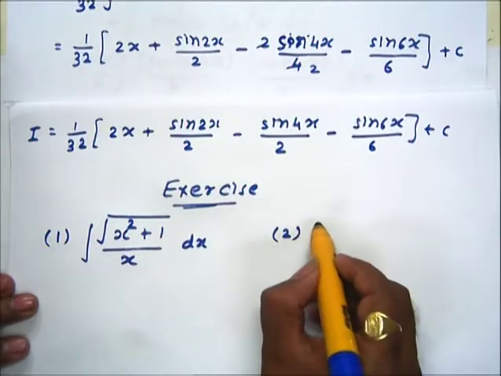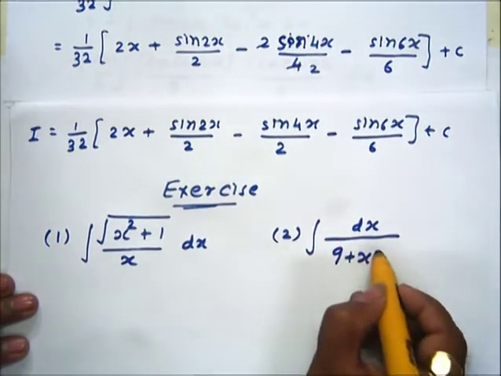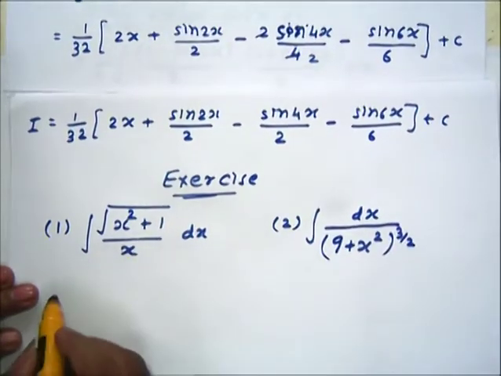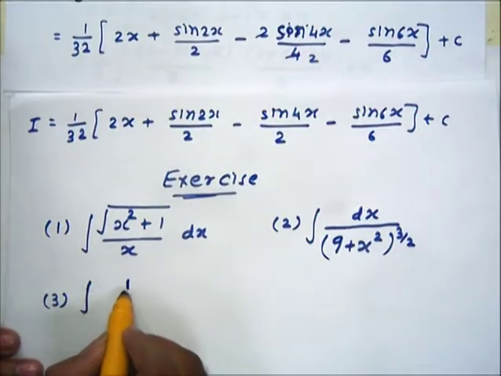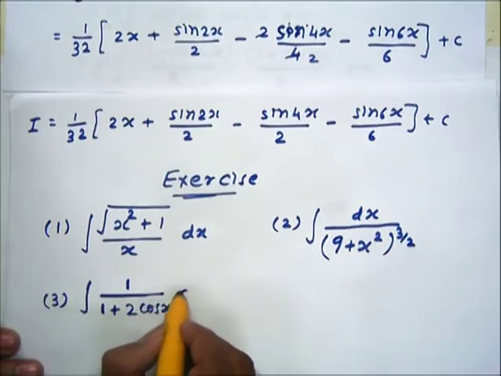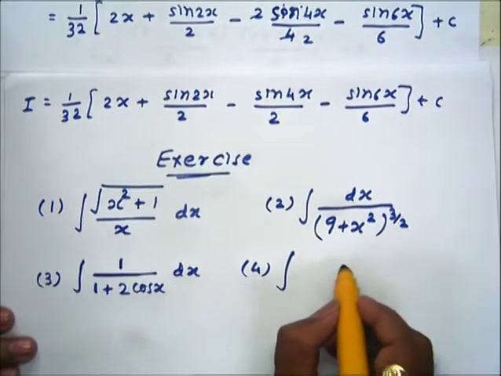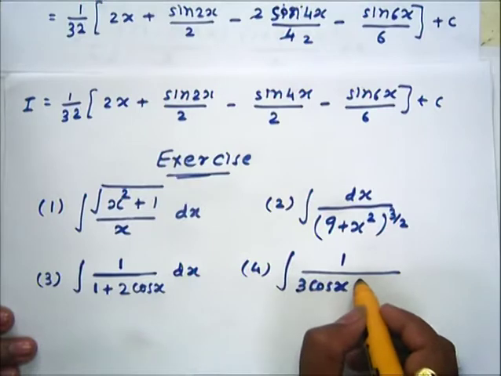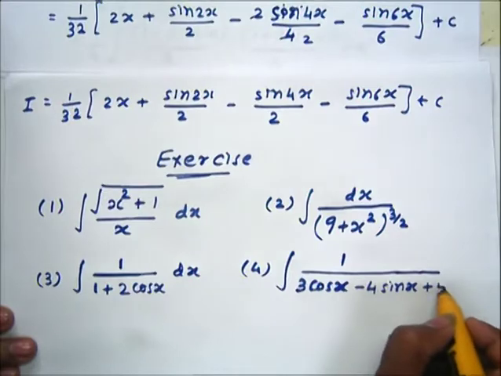Second, integration of dx over 9 plus x square whole raised to 3 by 2. Third, integration of 1 upon 1 plus 2 cos x dx. Fourth, integration of 1 over 3 cos x minus 4 sin x plus 5 dx.